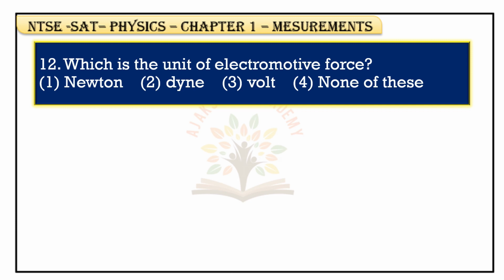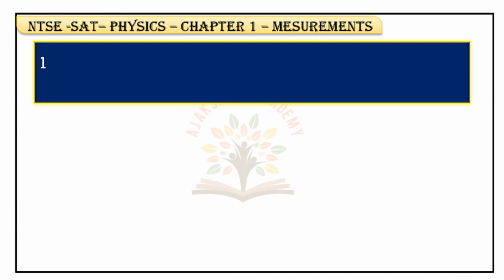So the unit of electromotive force is volt. Okay. So which option is correct? Third option is correct. So what is the unit of electromotive force? Volt. Electromotive force is not a force. Its unit is volt. Okay. Third option is correct.